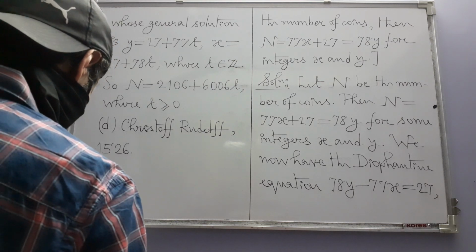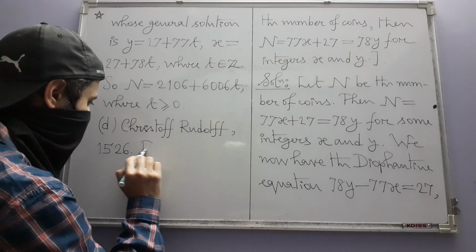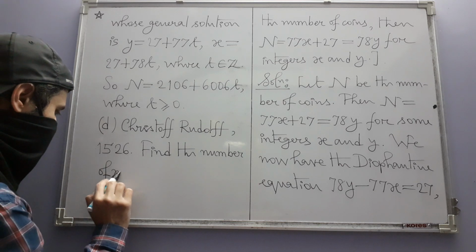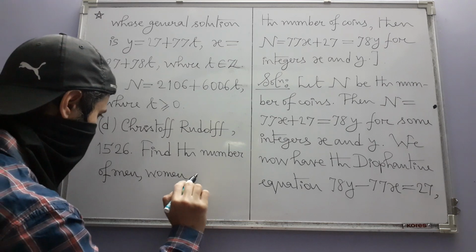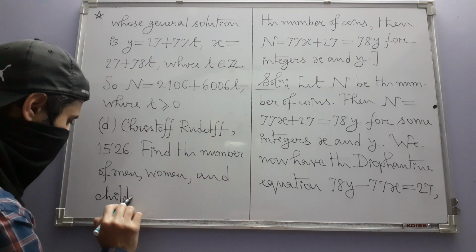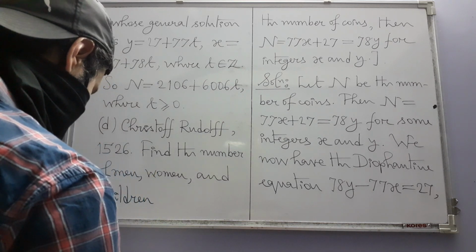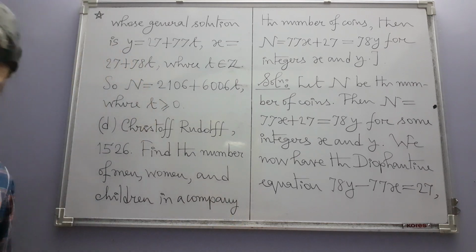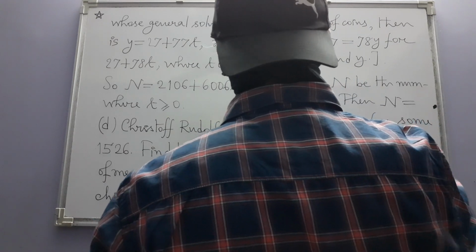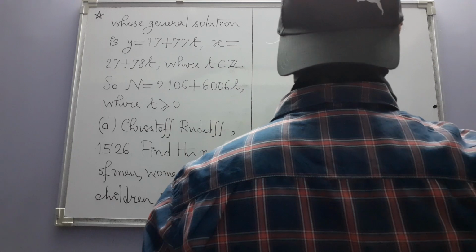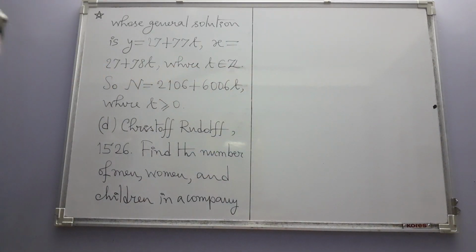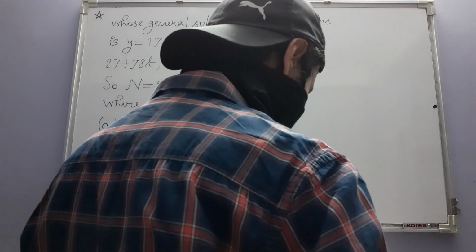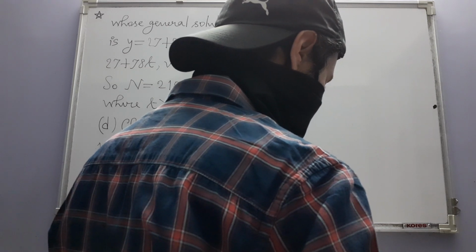So this one goes like this: find the number of again men, women and children in a company of 20 persons, if together they pay 20 coins.